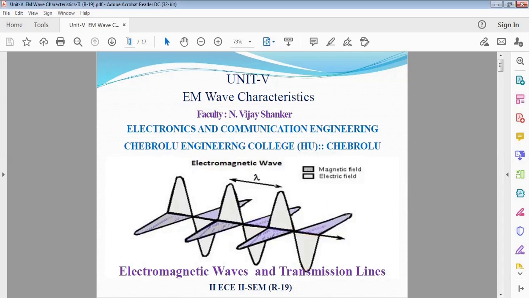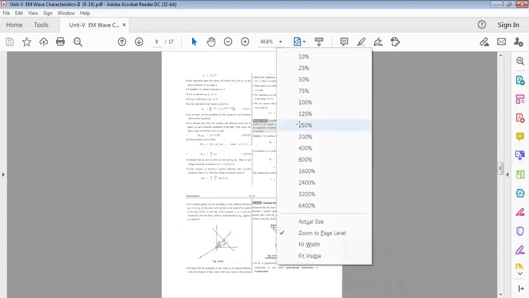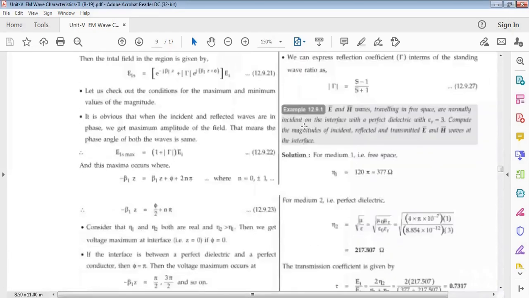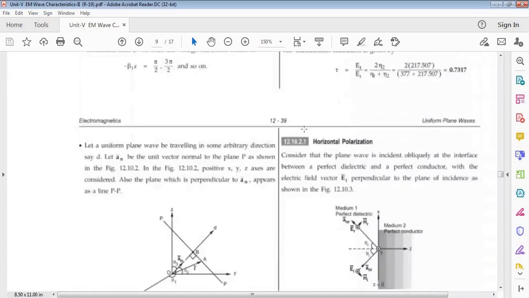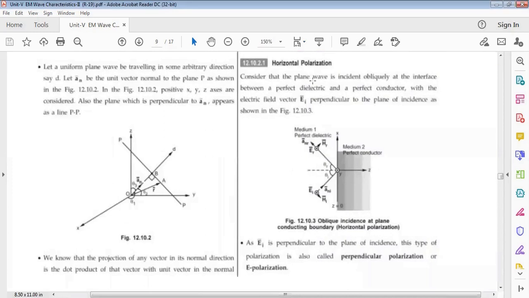First one is the horizontal polarization. Let's see. So this is a horizontal polarization.